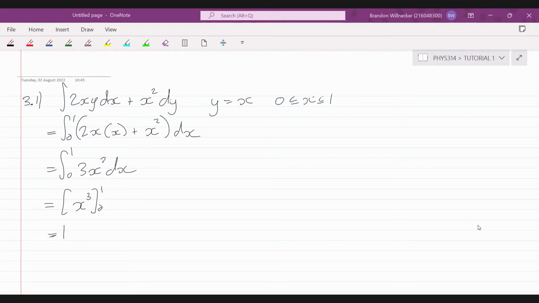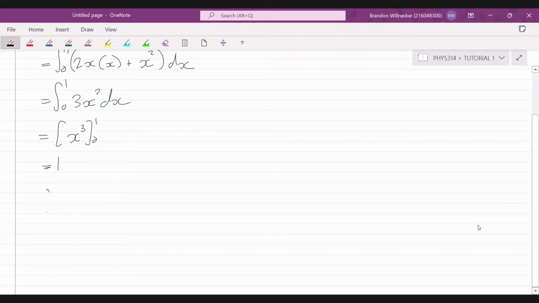You'd have to integrate some kind of differential. Okay, so that's 3.1. So this is using the straight line path. The other option was using the parabola. And we know that since this is an exact differential, we should get the same answer.